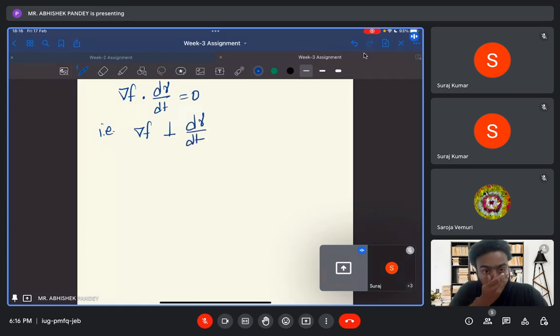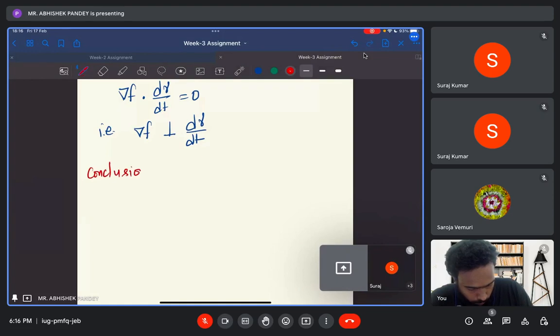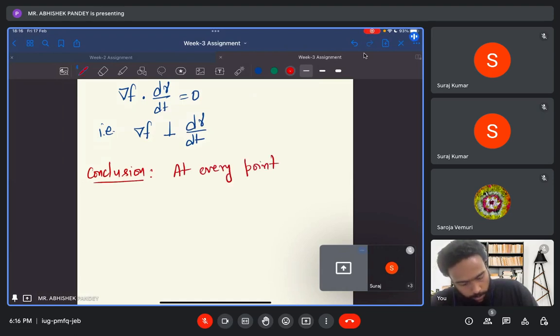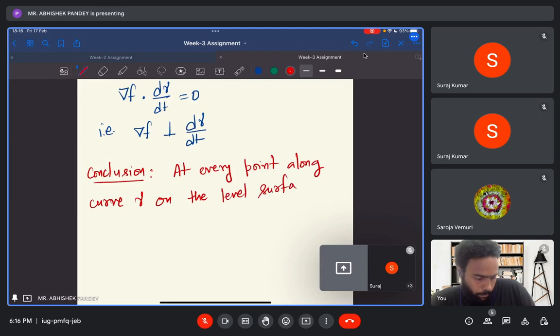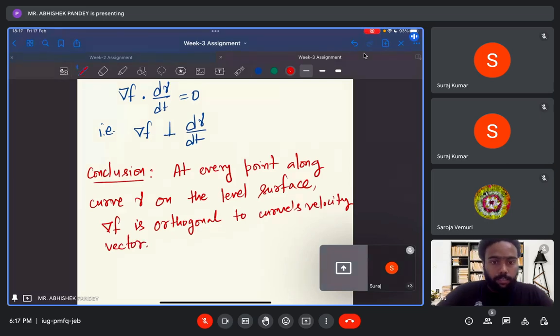So what is the conclusion? At every point along the curve gamma on the level surface, del f is orthogonal to the curve's velocity vector. I hope this is clear.